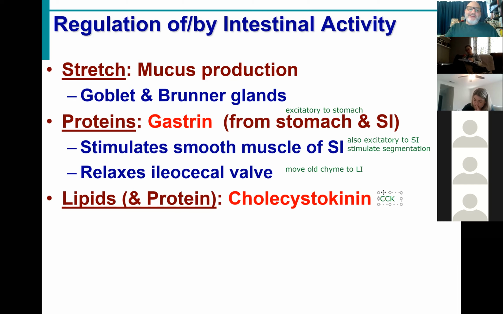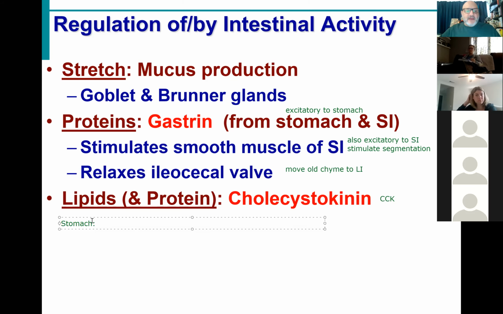There are a couple really important ways that it is going to do this. One of the major targets is, of course, the stomach. If the meal we have ingested has a lot of lipids in it, we want to slow the rate that it is sending the food to our small intestine so we have more time to process it.